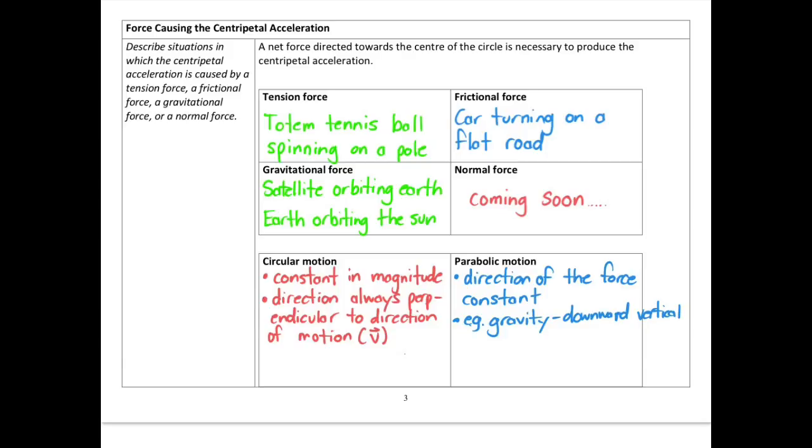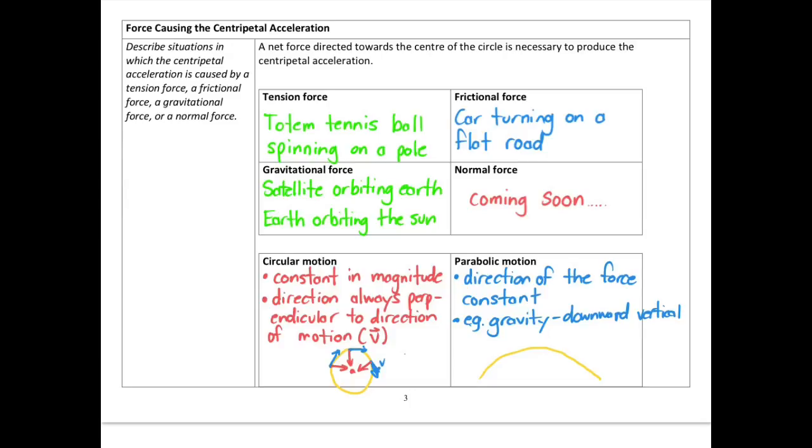So if we come back here and look at circular motion versus our parabolic projectile motion, the velocity vector here is always, it's not a very good tangent, at 90 degrees to the tangent, and the direction of the acceleration is always at 90 degrees to that and towards the centre of the circle.